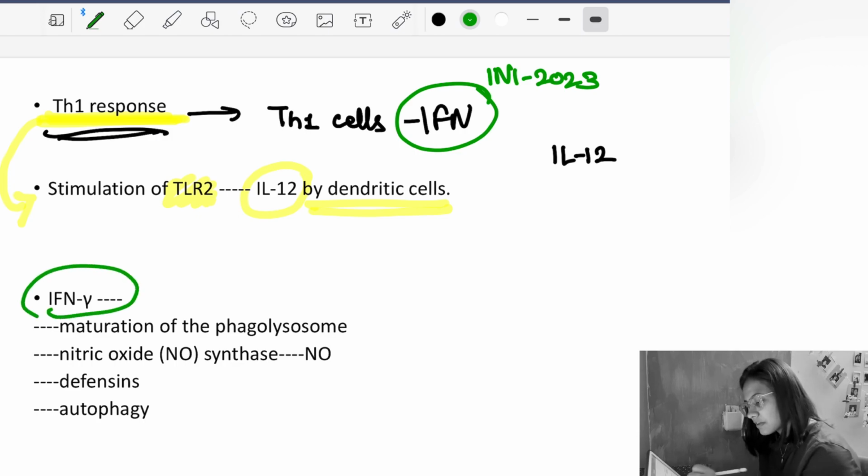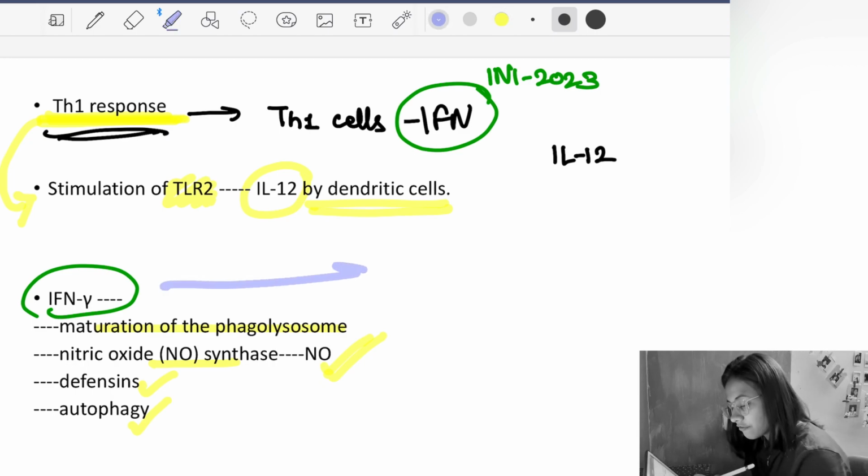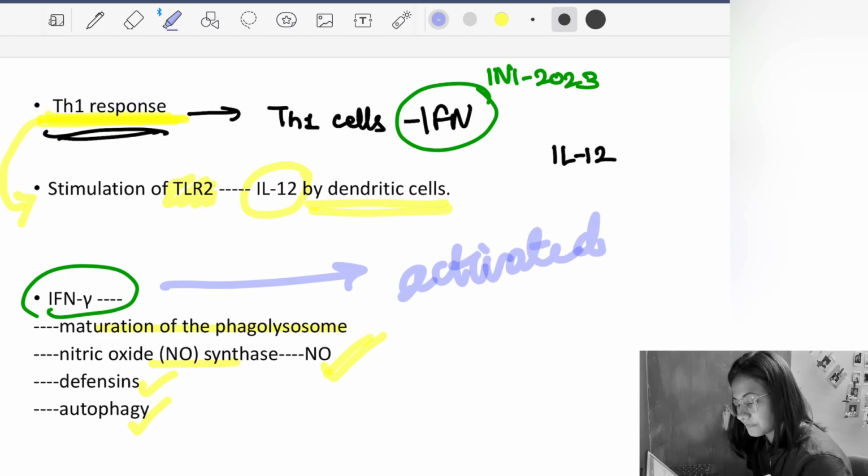What does interferon gamma do? Interferon gamma causes maturation of phagolysosome. It activates nitric oxide synthase, which produces nitric oxide. It produces defensins and causes autophagy of the damaged organelles. However, this interferon gamma is the reason why we have activated macrophages.